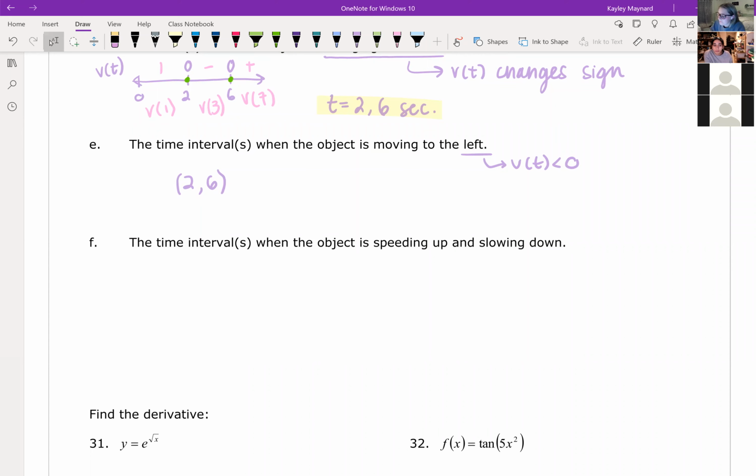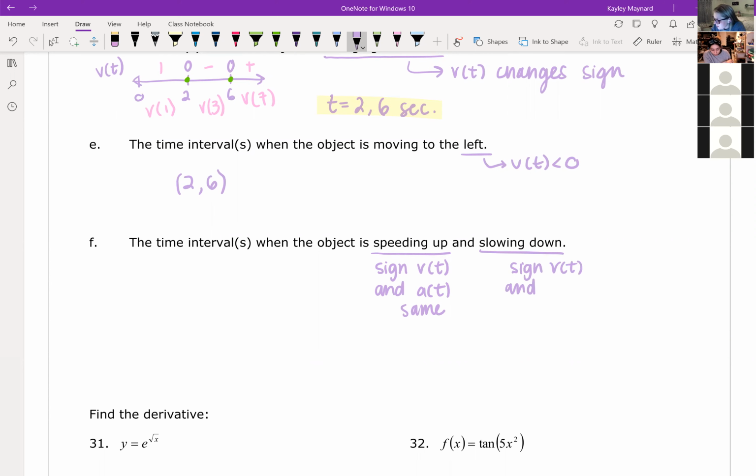So speeding up is the sign of v of t and a of t are the same. If it's slowing down, it means that the sign of v of t and a of t are different.